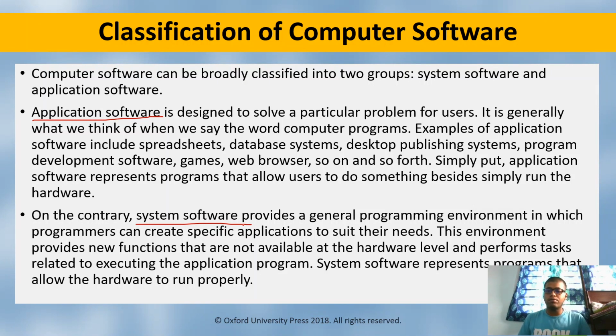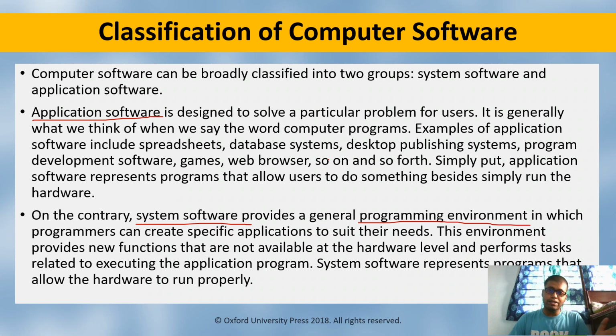Now system software provides a general programming environment, in which programmers can create specific applications to suit their needs. Now, Excel should run on Windows; Excel could not run on Linux or on Mac OS.